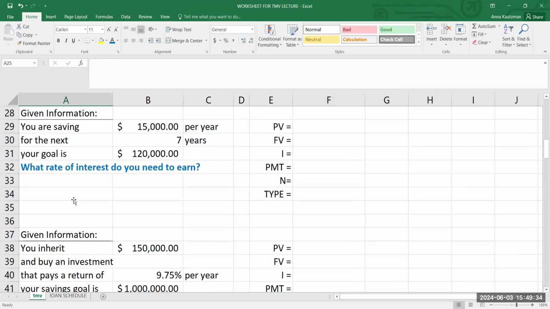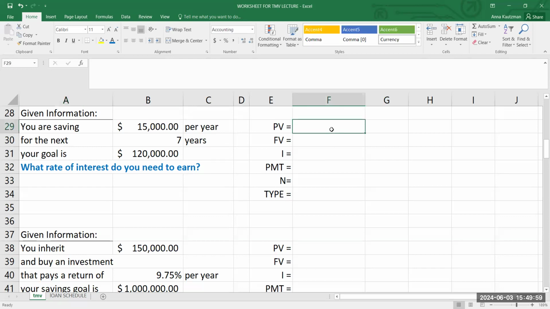Let's go down again. Given information. You are saving $15,000 per year for the next 7 years. Your goal is to have $120,000 at the end of that time. What rate of interest do you need to earn?